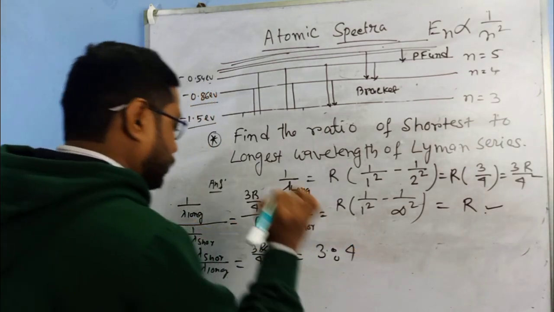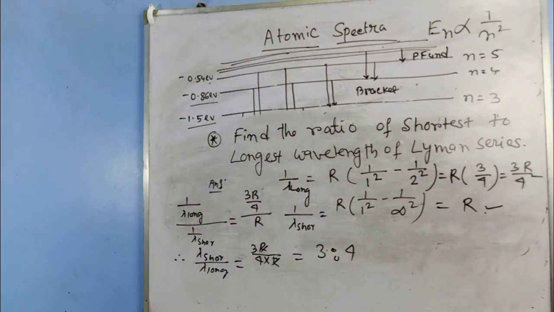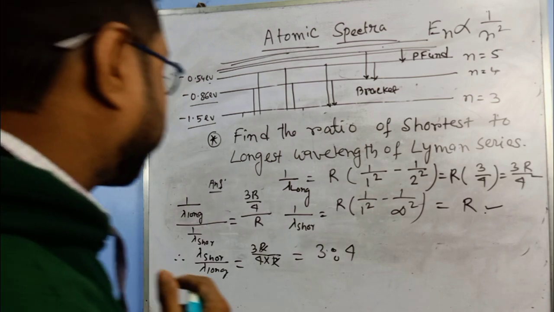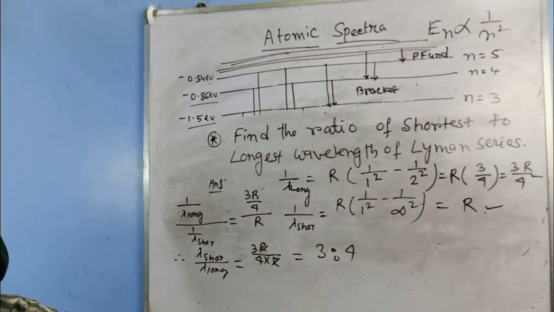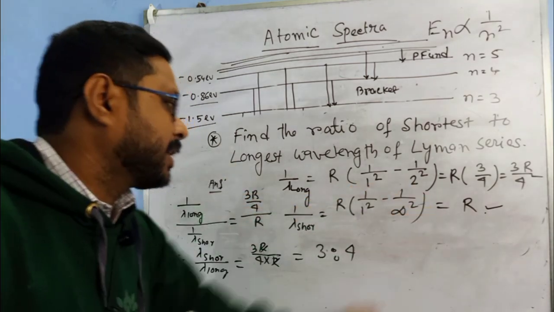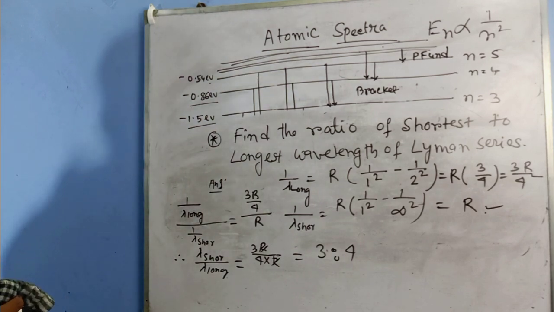So the ratio of shortest wavelength to longest wavelength will be 3 by 4. I hope you understand this.